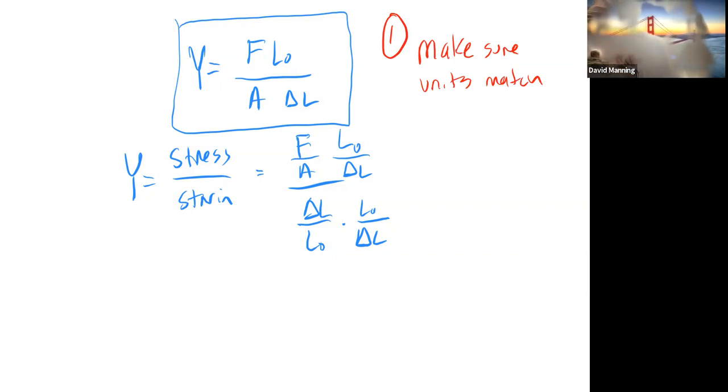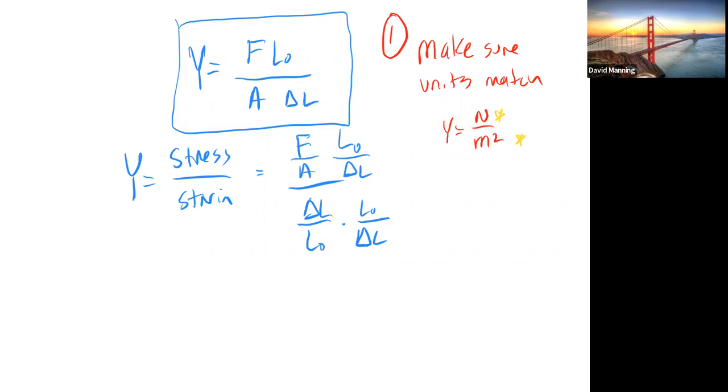You can see on page 180 that Y is usually in newtons over meters squared. So you have to make sure to convert your units to newtons and meters. A lot of times you'll get your change in length in millimeters and your force in kilonewtons or meganewtons or something.